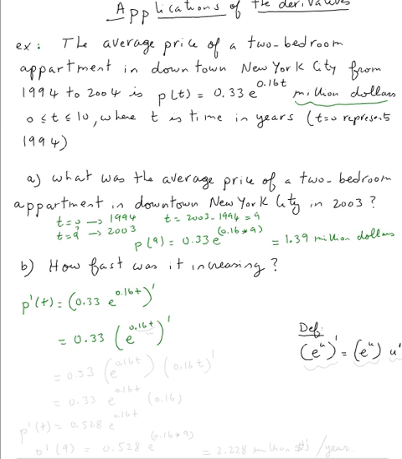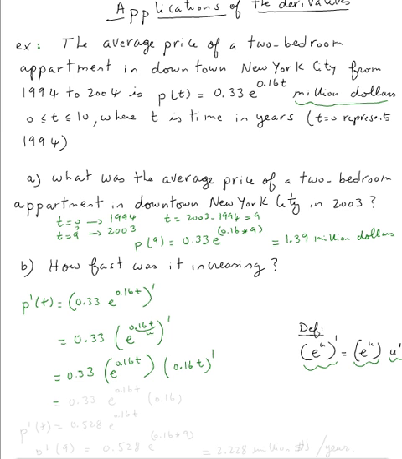Now remember the rule: the derivative of e to the u is just e to the u times u prime. In this case, this is our u. So we leave e to the u, which is 0.16 t, times u prime, which means the derivative of 0.16 t.